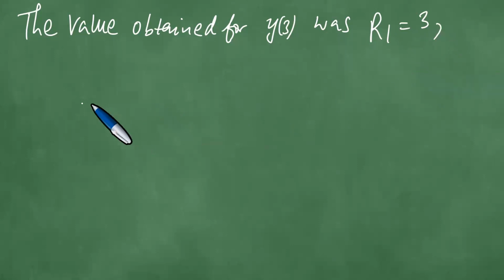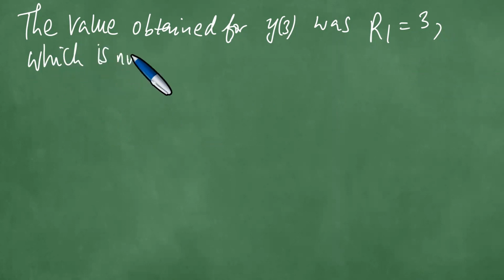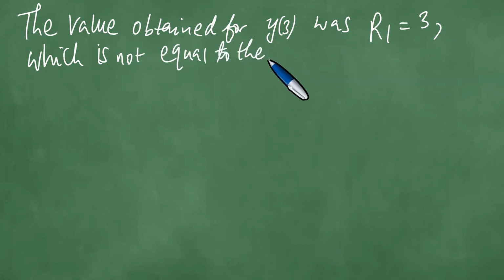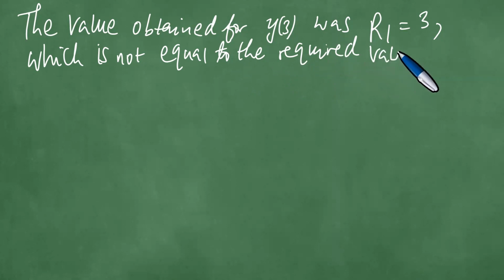So R1 equals 3, which is not equal to the required value D equals 2.